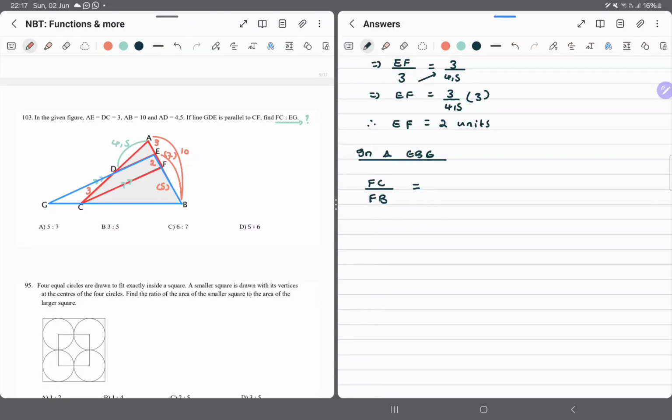FB must be equal to EG over EB. Okay, that is good. This is the proportionality theorem with CF parallel to EG.